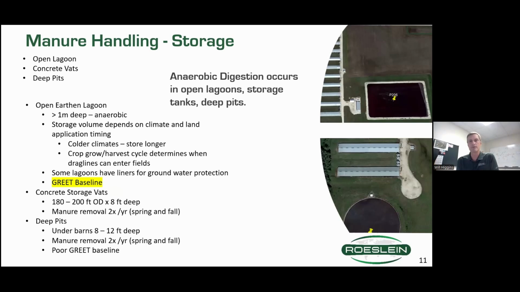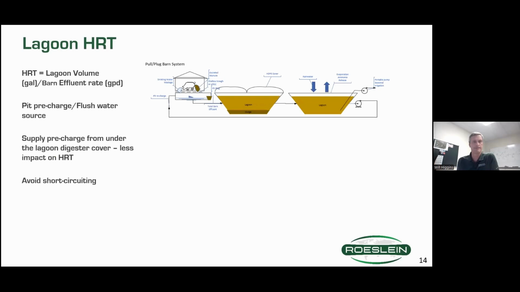You don't get to use the full HRT or the full volume of the lagoon. We would want to place it on the exact opposite corner so that the manure has to flow all the way across the lagoon, so you use all of the volume. That's what I mean by short circuiting. So we would look at those sorts of things as well when we place our equipment on site to move the manure. Let me go back to where it was.